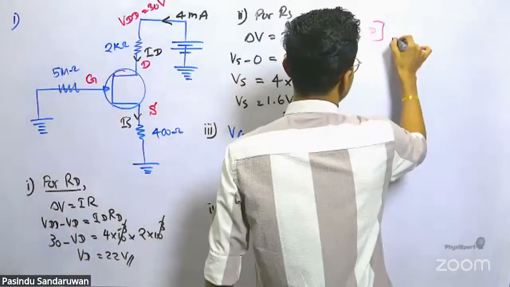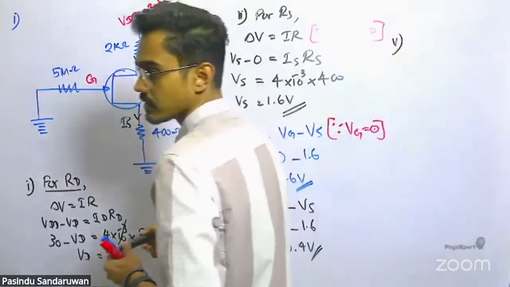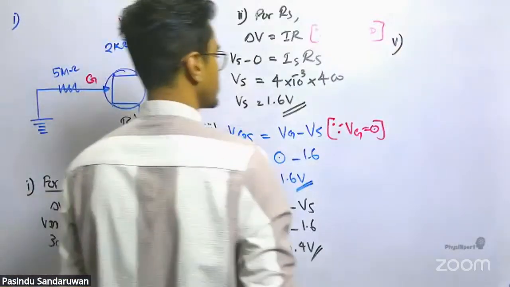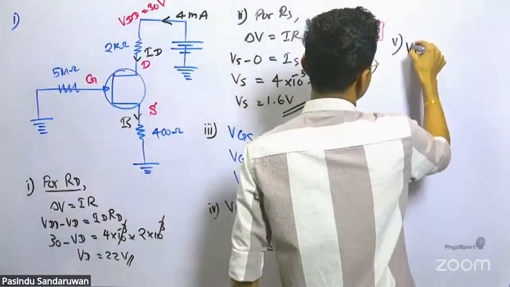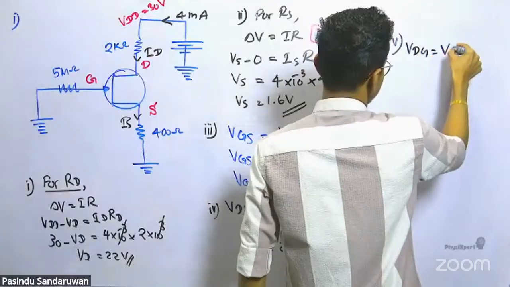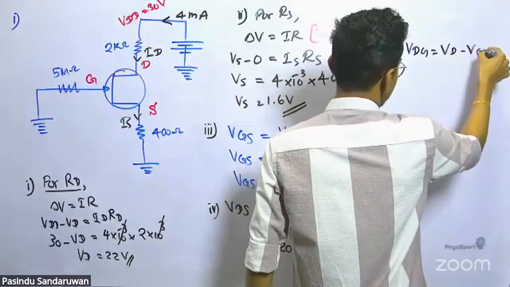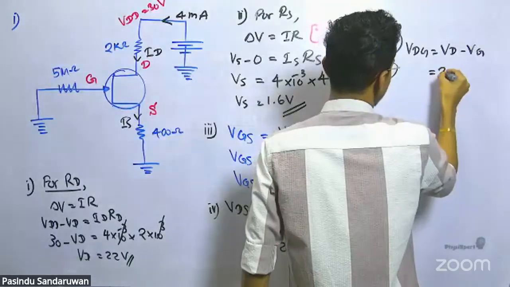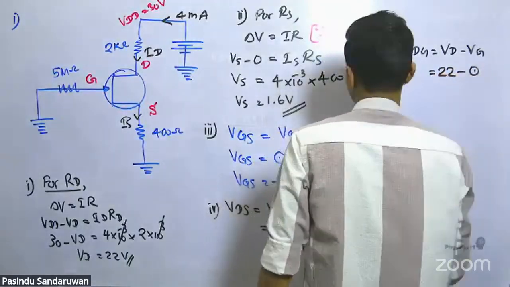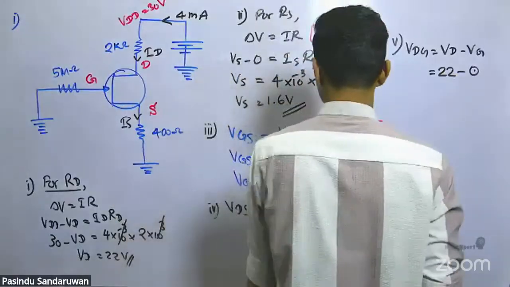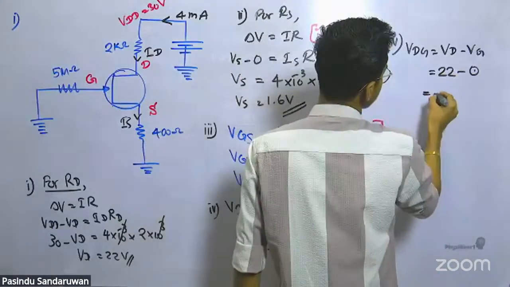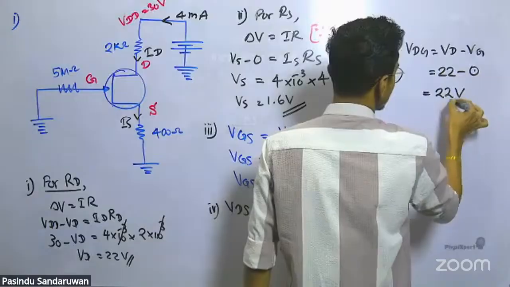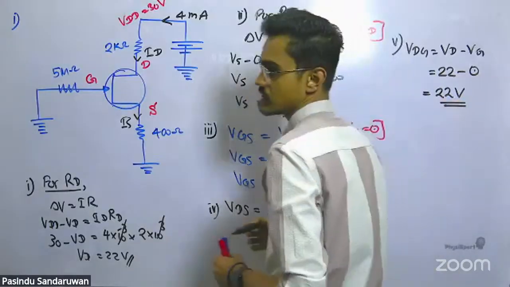Then 5, VDG. Same thing. VDG is VD minus VG. VD was 22, VG is 0. Then VDG is also 22 volts.